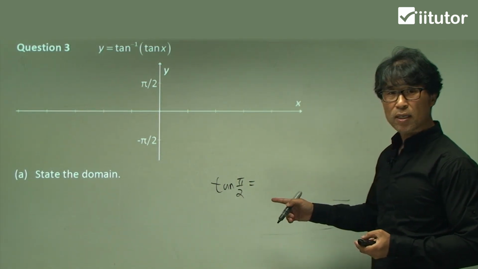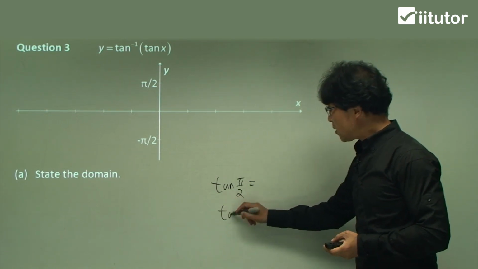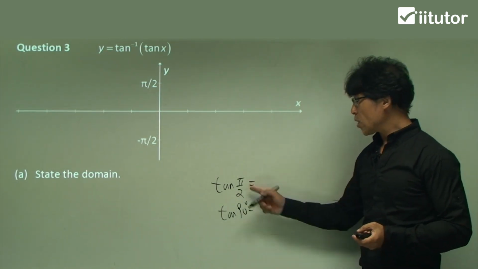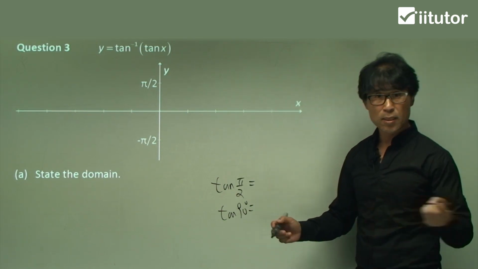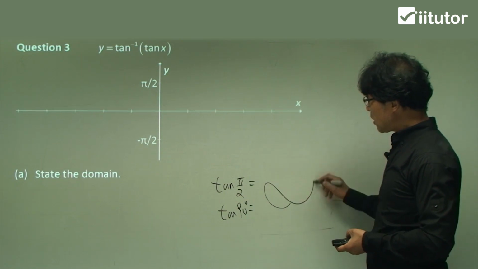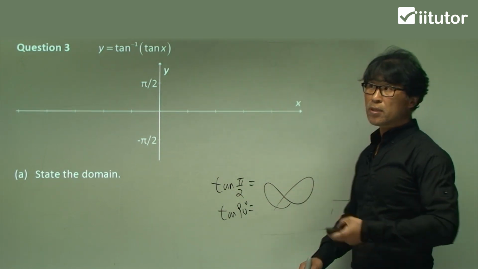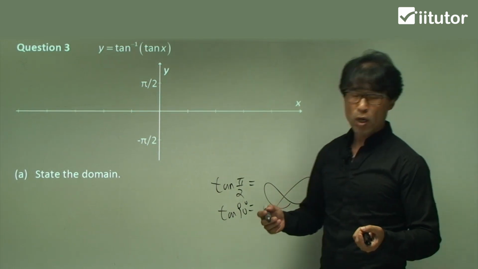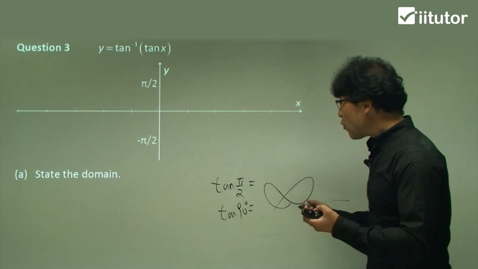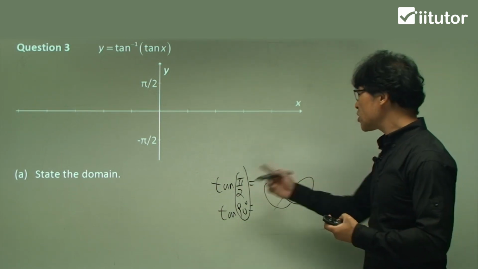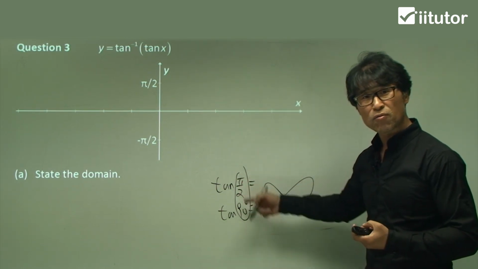What's the exact value, guys? If you're not familiar with radians, you can use degrees instead; it's exactly the same output value. The value is infinity, in other words undefined or math error on your calculator, which means these values are not part of the graph. There's no value corresponding to these values.